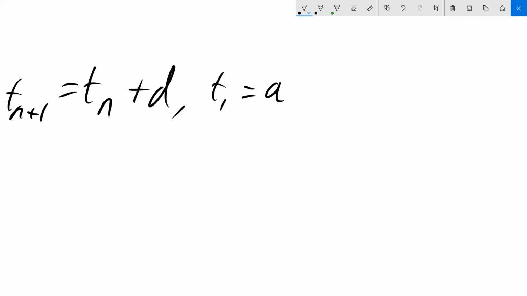To recap, Tn plus a certain difference is a recurrence relation where T1 equals the starting number, and we have Tn equals starting number plus the common difference times the number of terms minus 1, and that's called the rule.